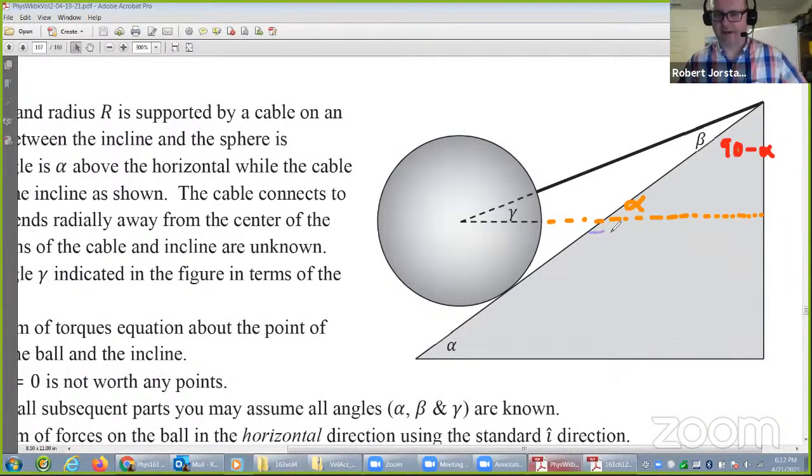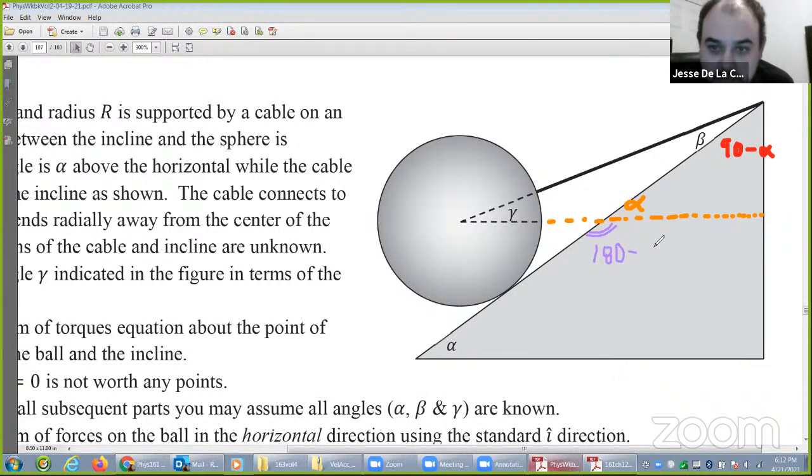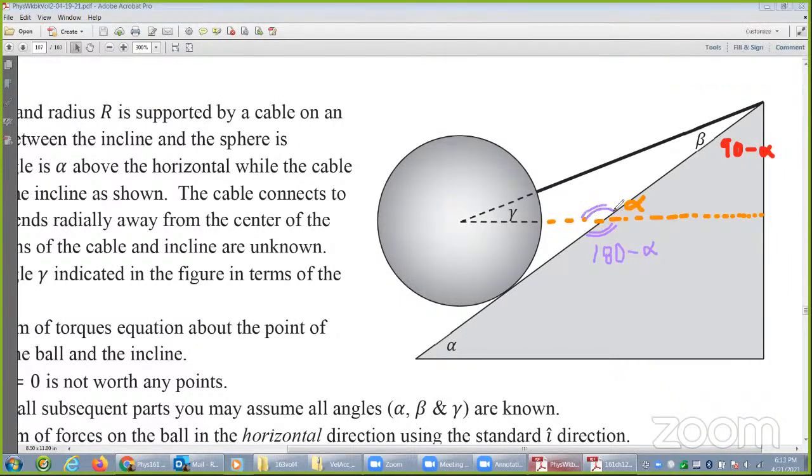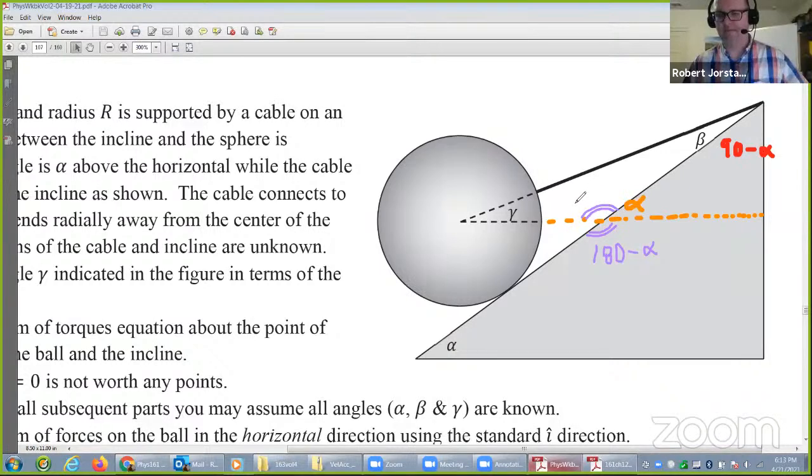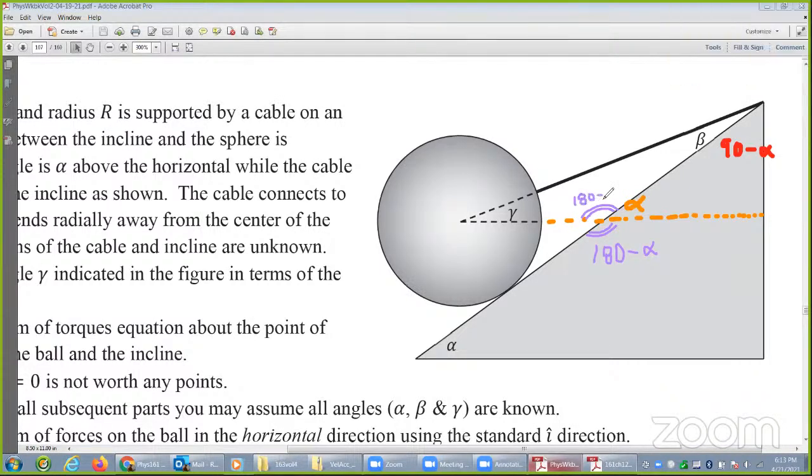What's this angle right here? 180 minus alpha. What's this angle here? 180 minus. Then what? You can split that in half. Nope. Perpendicular. Nope.